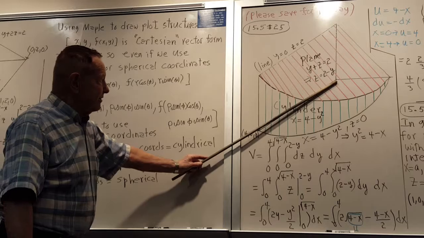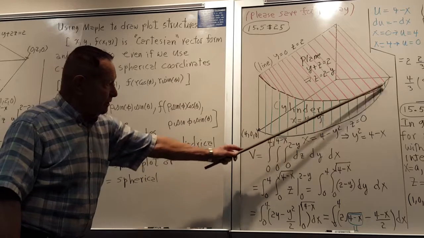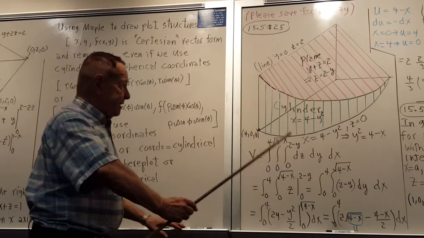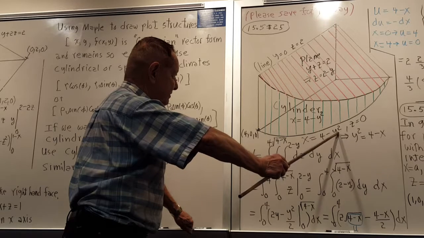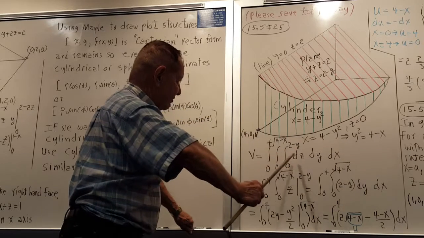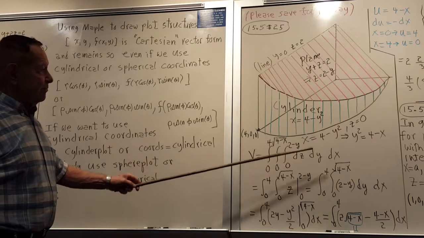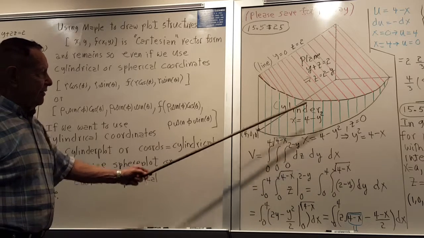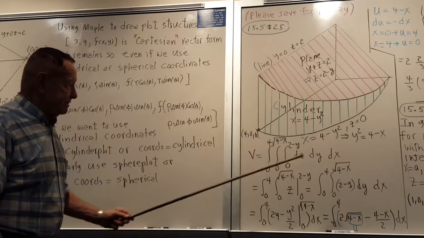They'd all start from the x-axis over here and go toward the parabolic curve. Then if x is 4 minus y squared, y squared is 4 minus x, and then y is 0 to the square root of 4 minus x. And then finally, the projection of the area of the floor, where you did your double integral, on the x-axis would be back along here, and that would be 0 to 4.